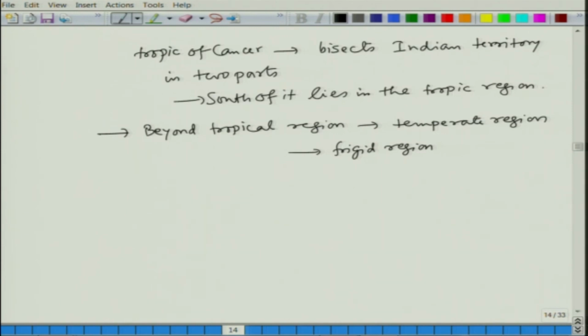For temperate and frigid regions, the sun never radiates normally, and that makes sense, because whenever the sun radiates normally you have the maximum intensity. The tropical regions are the hot part of the world, and the cooler parts, where the sun does not radiate normally any time of the year, are the temperate and frigid regions.